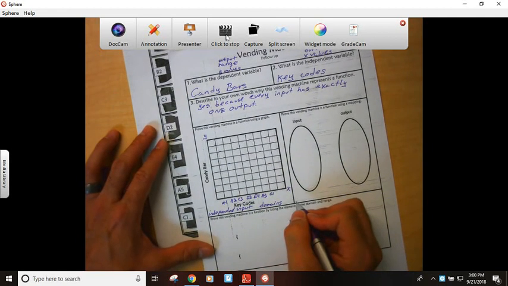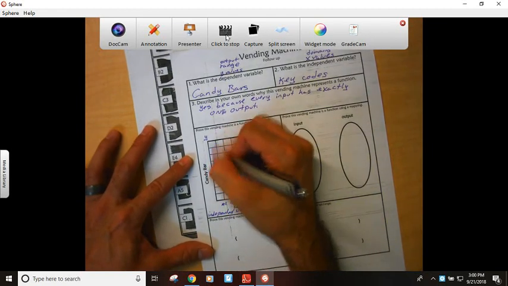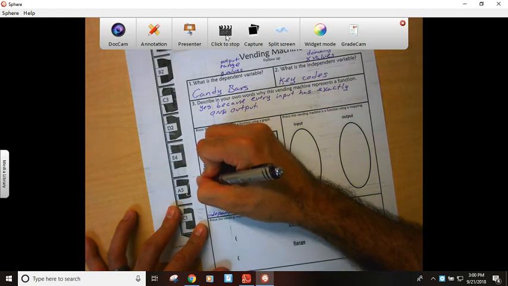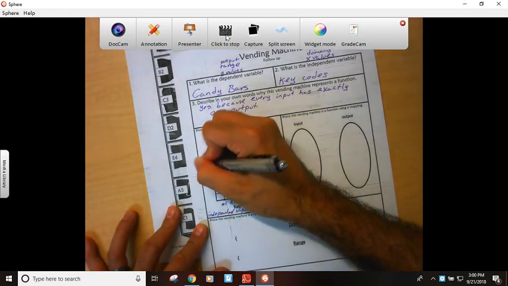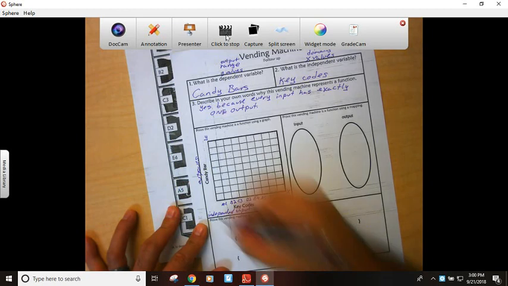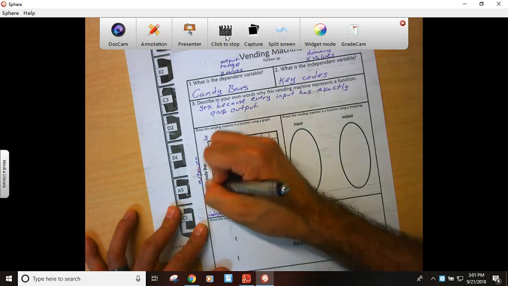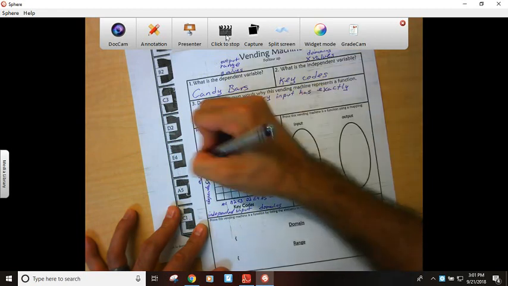Now, our y-axis is going to be our outputs. It can also be called our dependents, and it can also be called the range.